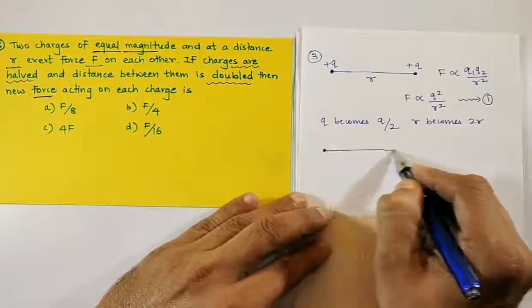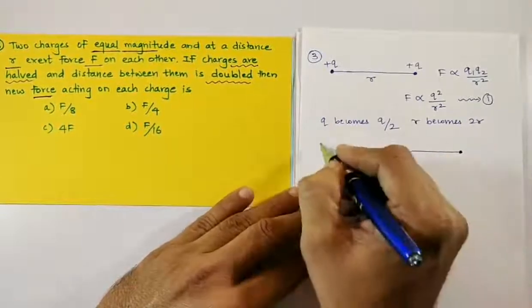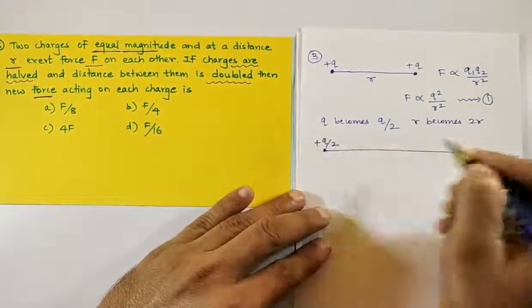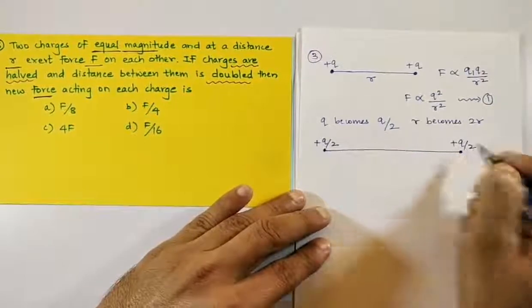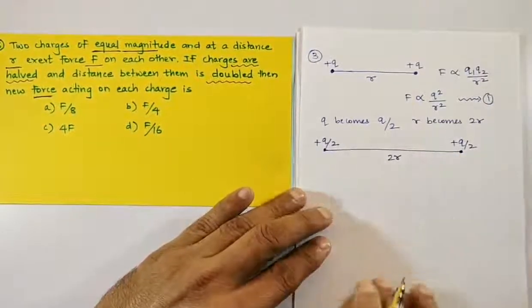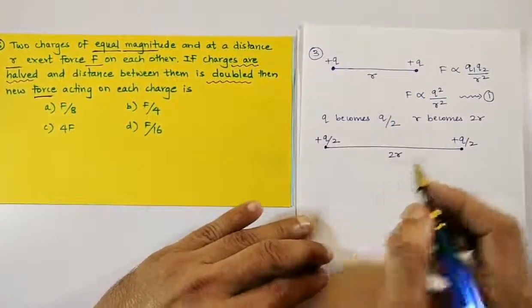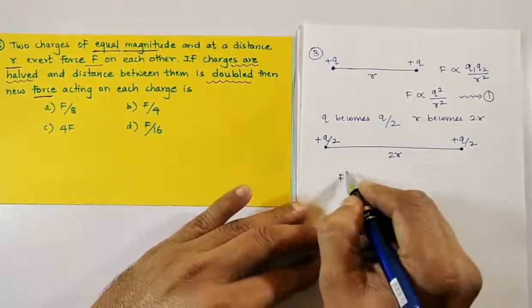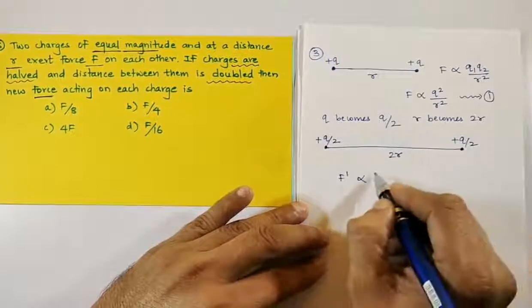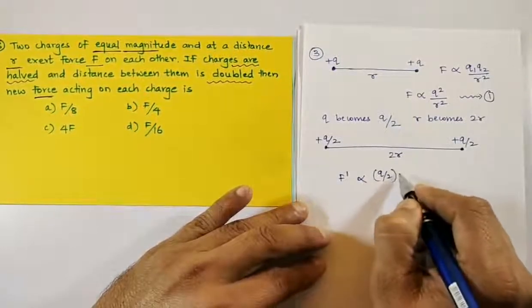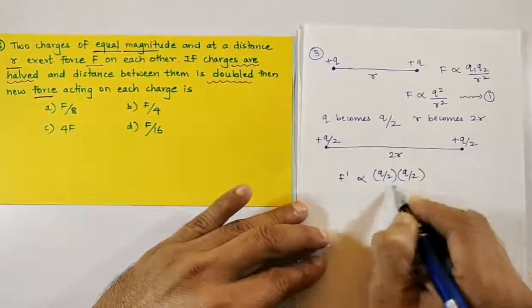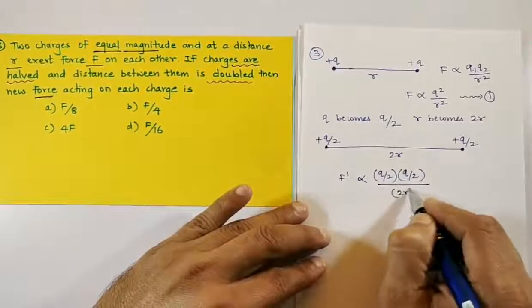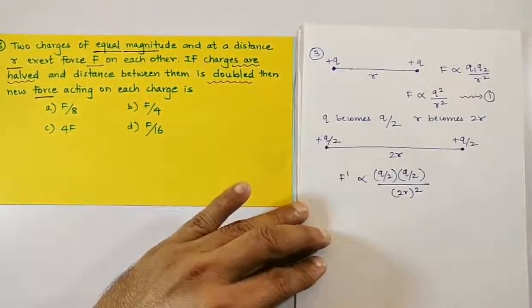So in the second case, this is plus q by 2, distance is 2r. Now again if I apply Coulomb's law, I will take force as F dash. So F dash is proportional to q by 2 into q by 2 divided by 2r bracket square.